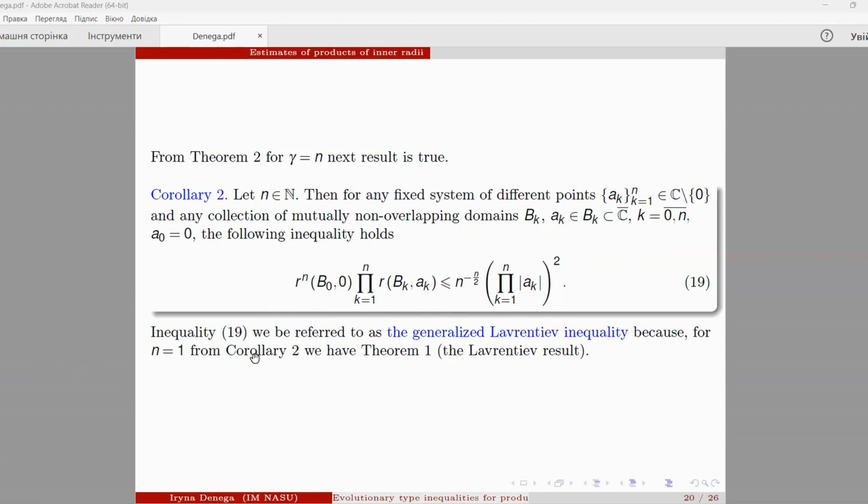Inequality 19 will be referred to as the generalized Lagrangian inequality, because for n equals 1, in corollary 2, we have a Lagrangian result.